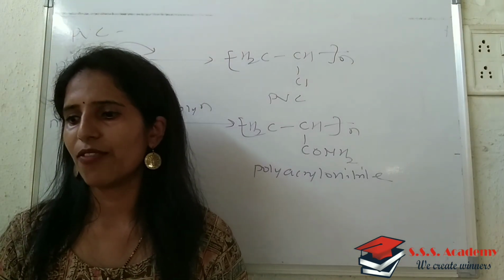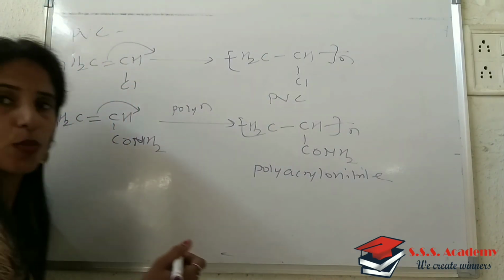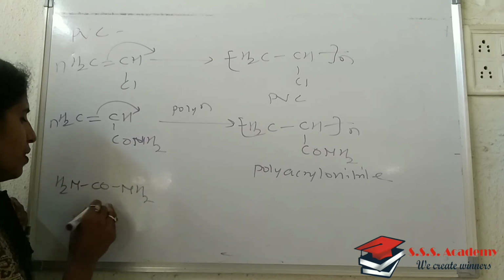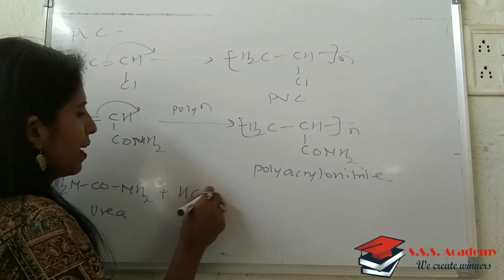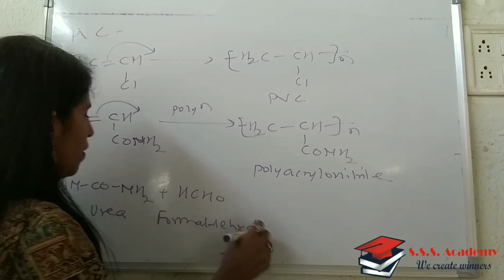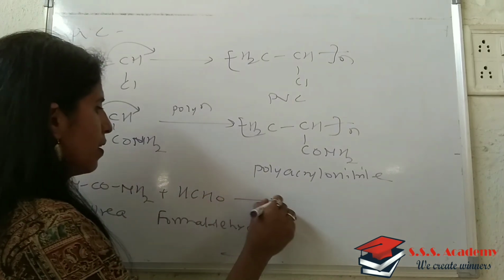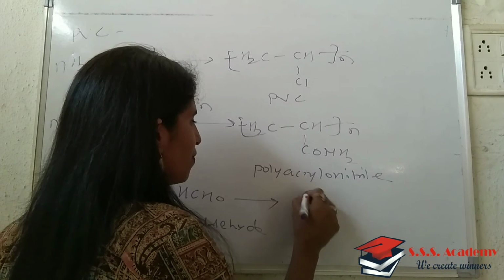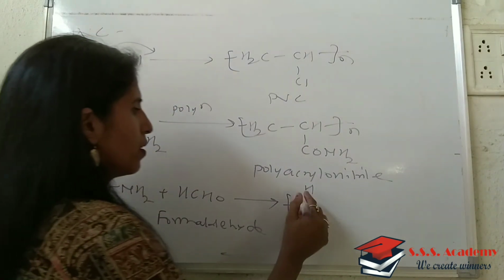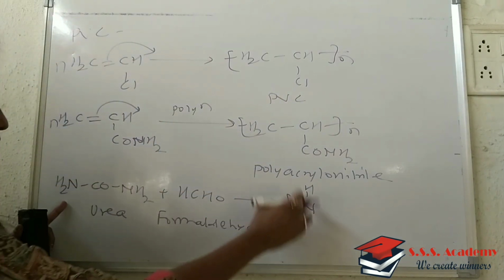Then next is urea formaldehyde resin. So urea and formaldehyde, two monomer units are there. See what is the structure for urea. This is urea, and this is formaldehyde. Right. So what will happen? Hydrogen from this will go, so it's NH, then this N, again N, so it's NH.